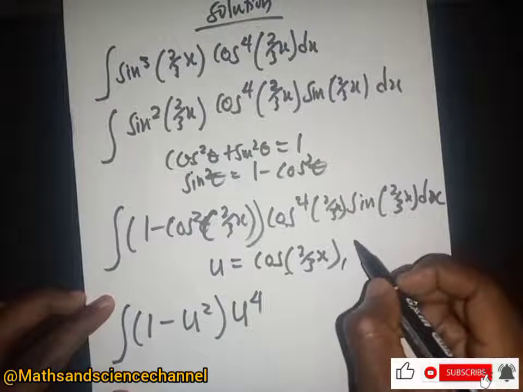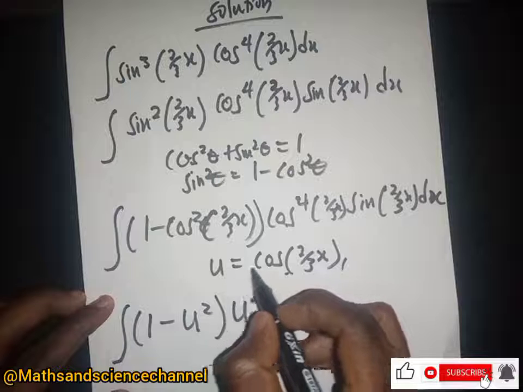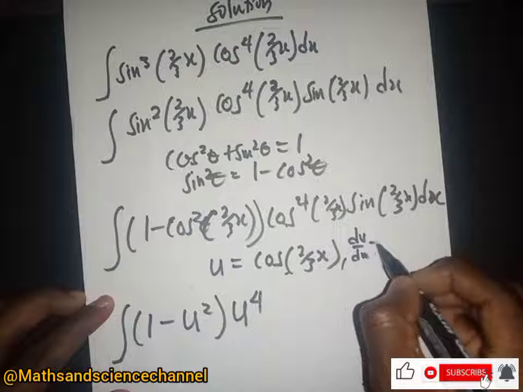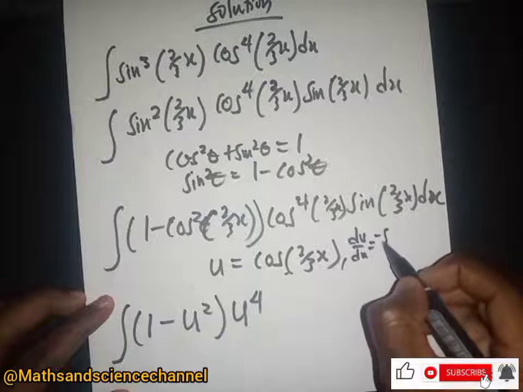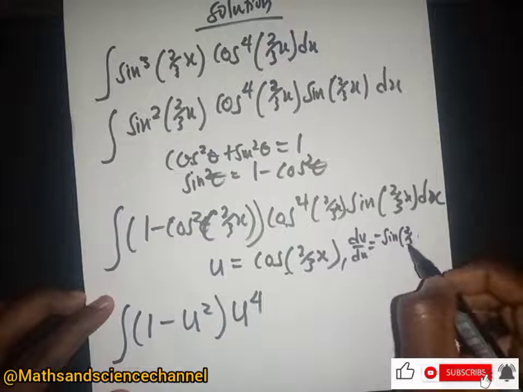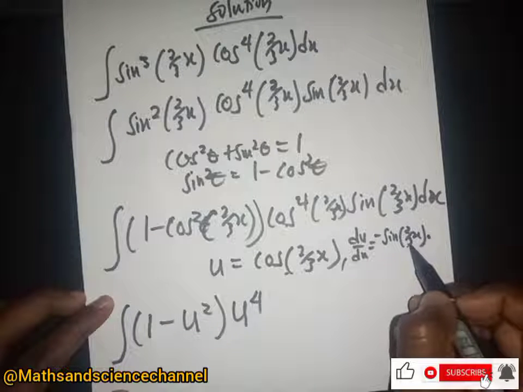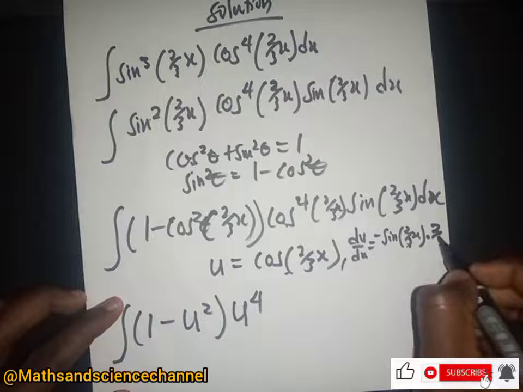But also remember that when we differentiate this, we have du over dx equal to negative sine of 2/3 x, and we also differentiate what is inside, so we get 2/3.